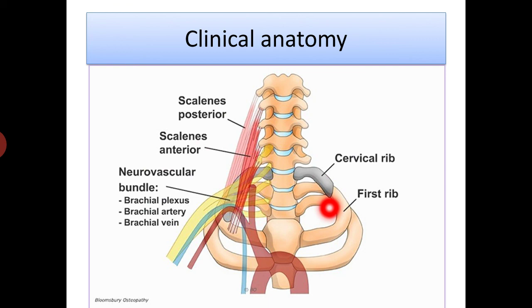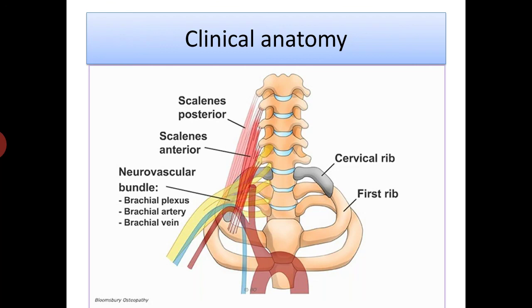Now sometimes the anterior root of the seventh cervical vertebra gets enlarged and forms a rib, that is called a cervical rib. If the cervical rib is present, the costal element of this vertebra gives the cervical rib, and that will give compression over these three structures, the brachial plexus, the subclavian artery and the subclavian vein, and that will lead to thoracic outlet syndrome.